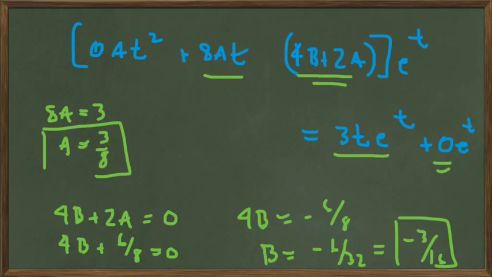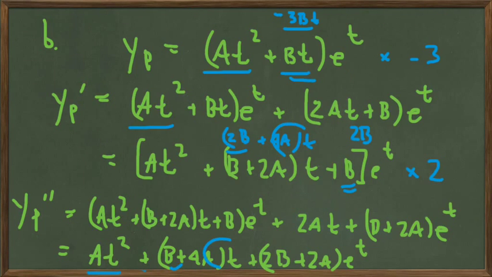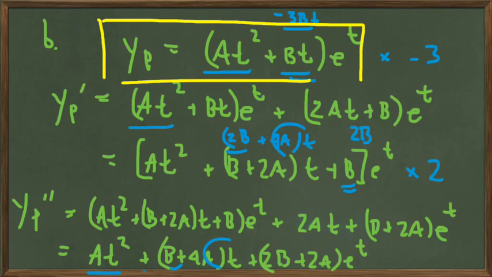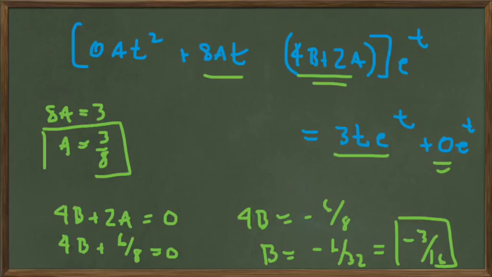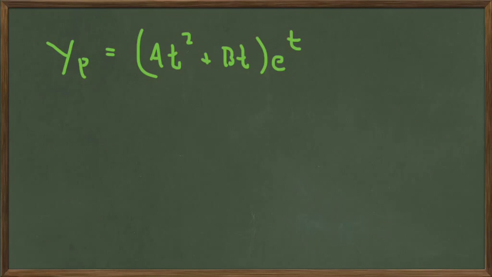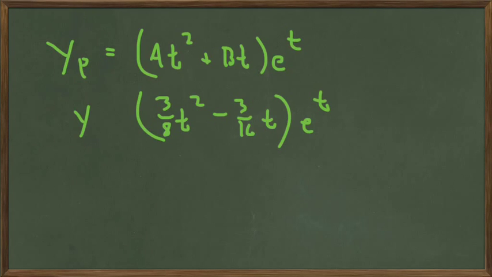So if we combine all that together in the structure of our yp, this time our yp looked like this: at squared plus bt times e to the t, and we just found out that a was 3/8 and b was minus 3/16, so 3/8 t squared minus 3/16 t e to the t is our yp, and y equals yh plus yp.